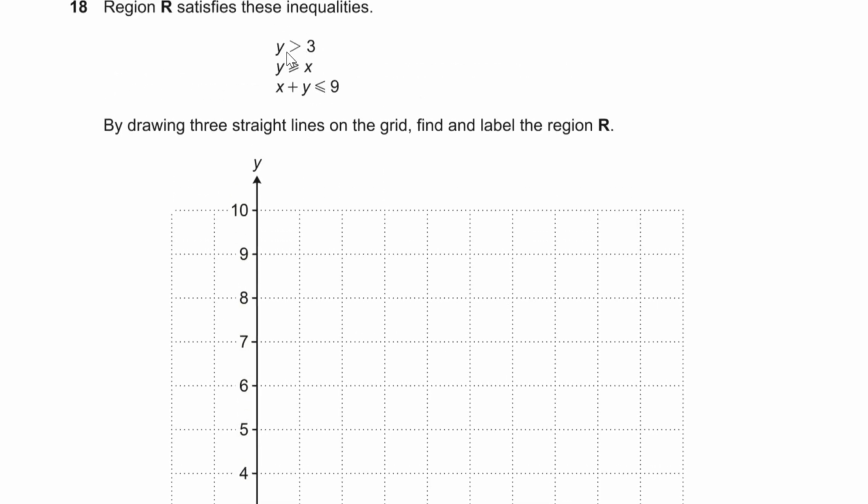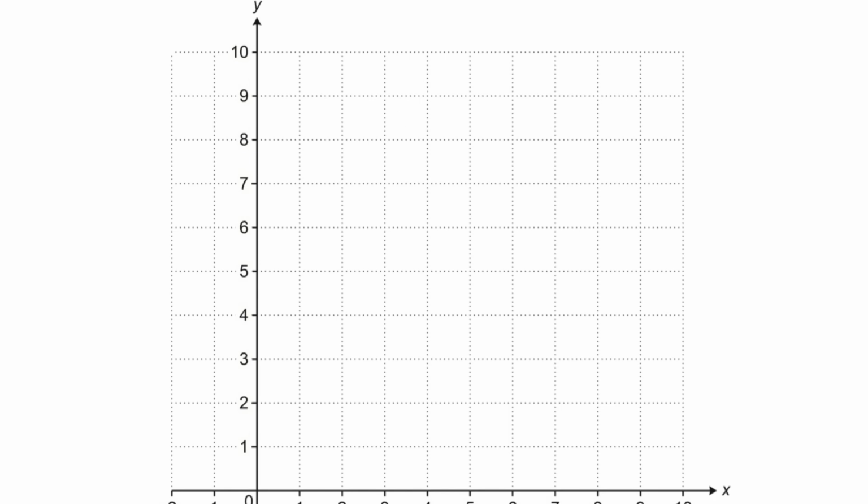And of course, if we have y equals 3, we draw the line y equals 3, but with a dashed line. So here we've got, if I draw it with a pen, we've got over here that inequality.